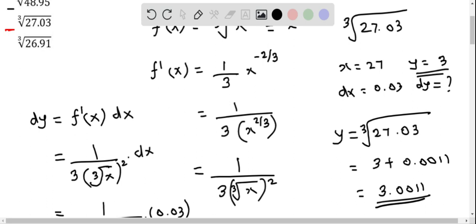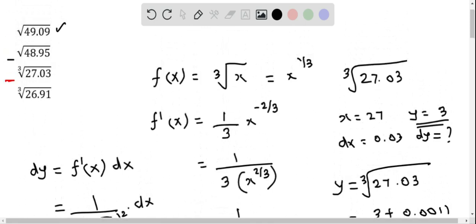Now, using the same approximation, we can find the cube root of 26.91. So we have to make a few changes over here. This is the cube root of 26.91, and therefore x remains 27.